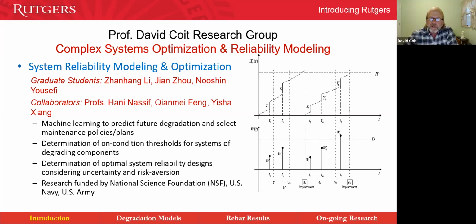Some of the things we do now is machine learning to predict future degradation, but also reinforcement learning to learn which maintenance policies and plans are effective. We also work on systems, determining on-condition thresholds for when best to maintain systems, and different types of optimization.